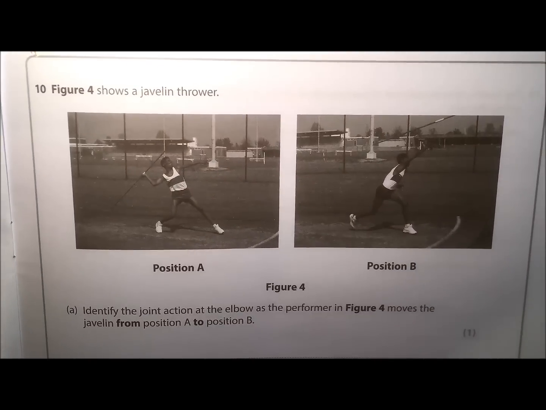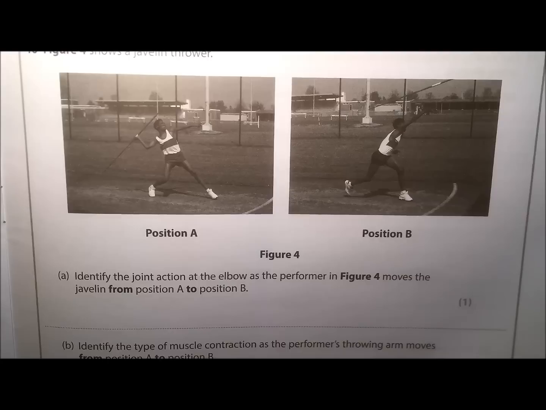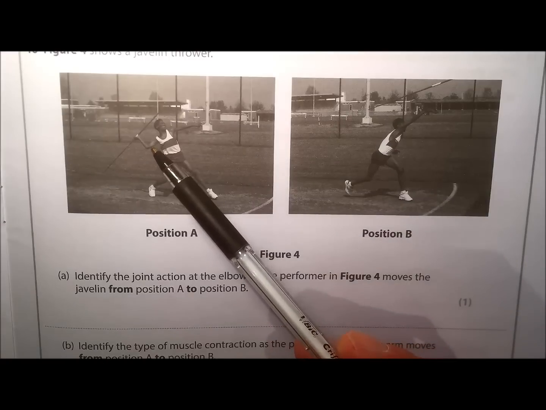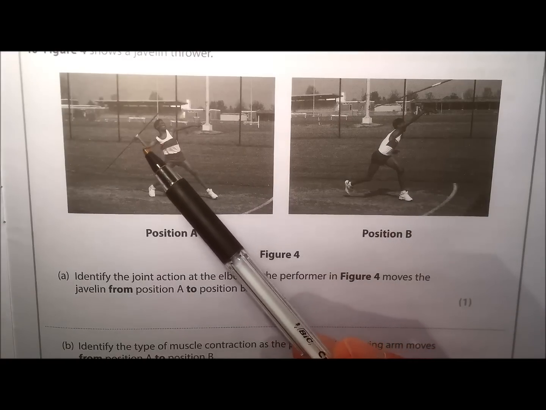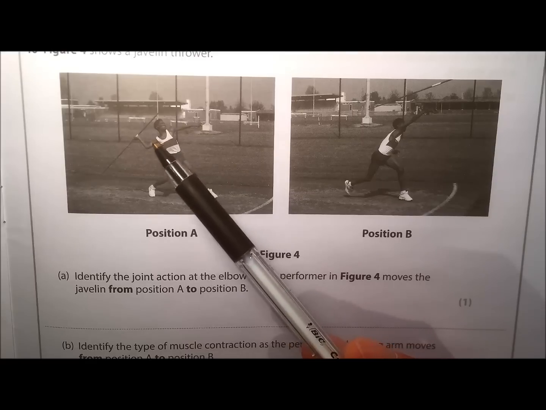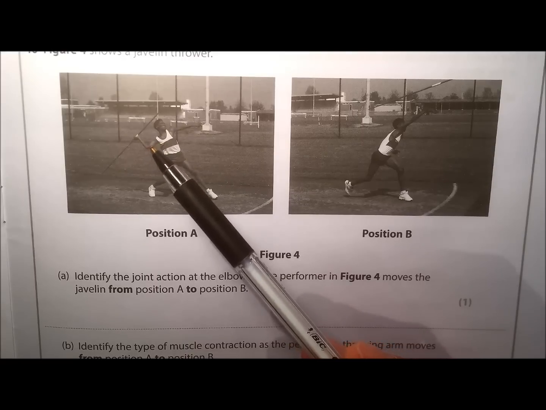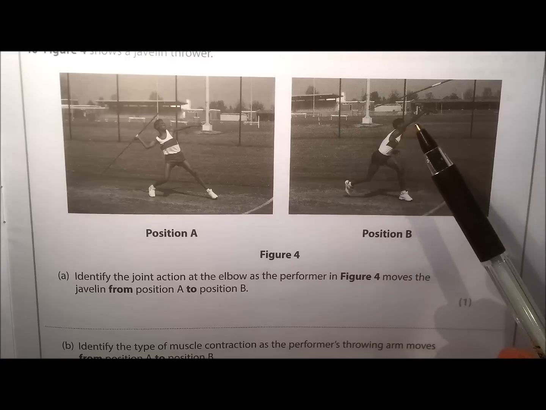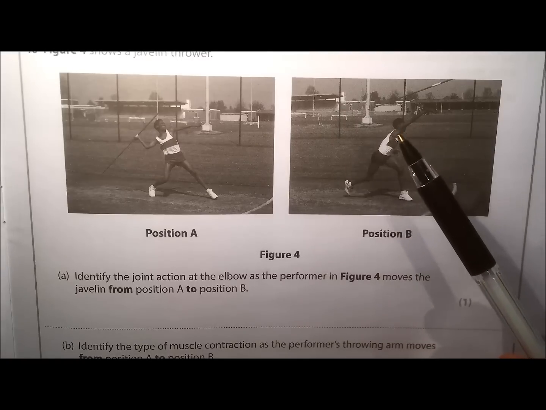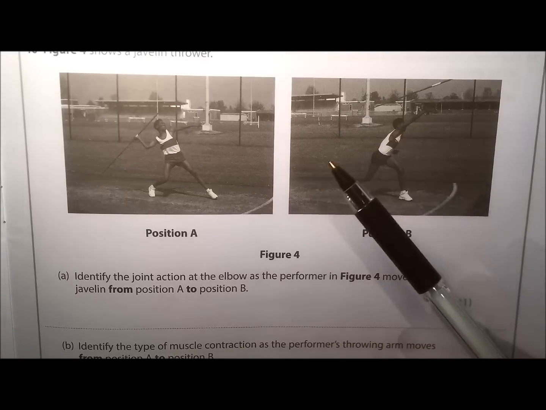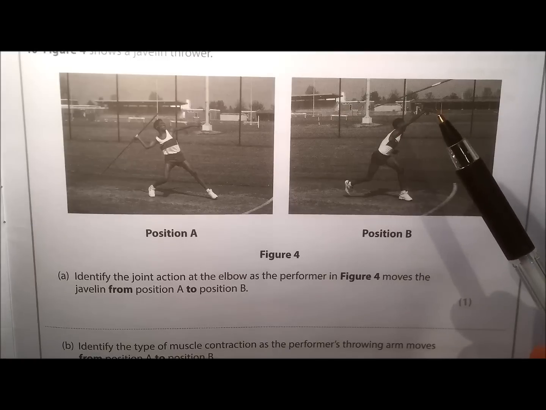Question 10. Figure 4 shows a javelin thrower. Identify the joint action at the elbow in the performance in figure 4 as they move from position A to position B. Position A shows that the elbow is bent, showing the movement at the elbow joint as flexion, and position B shows that the javelin thrower has straightened their arm, showing that the movement has moved to extension.